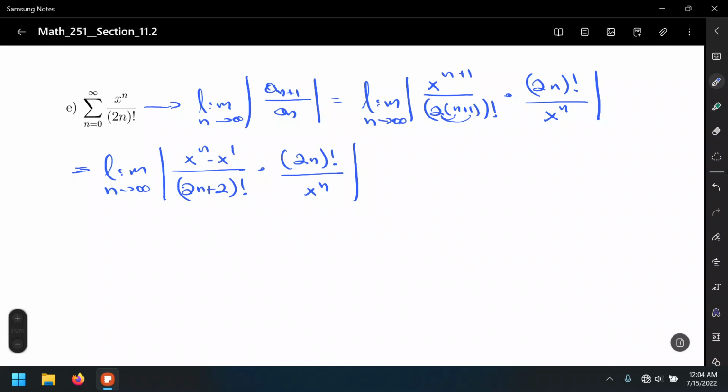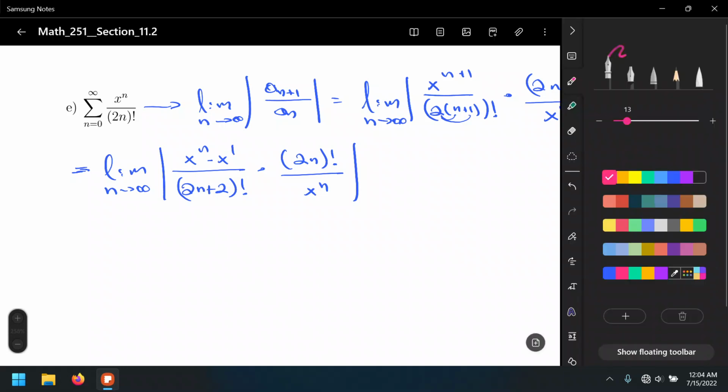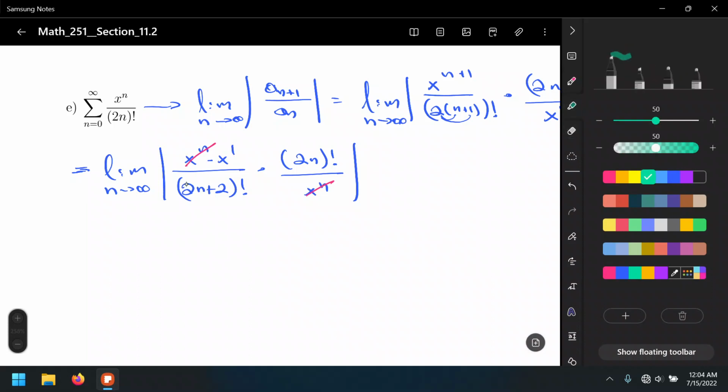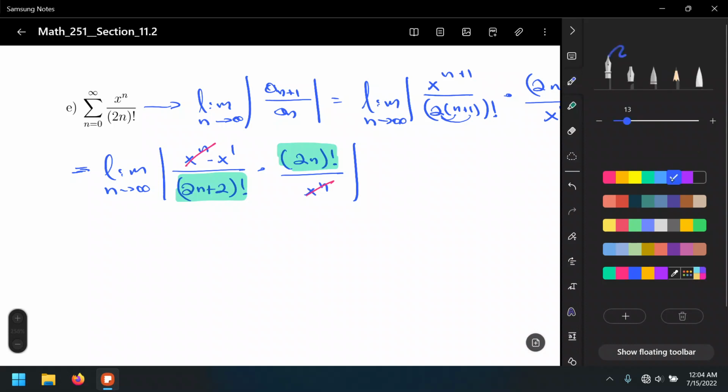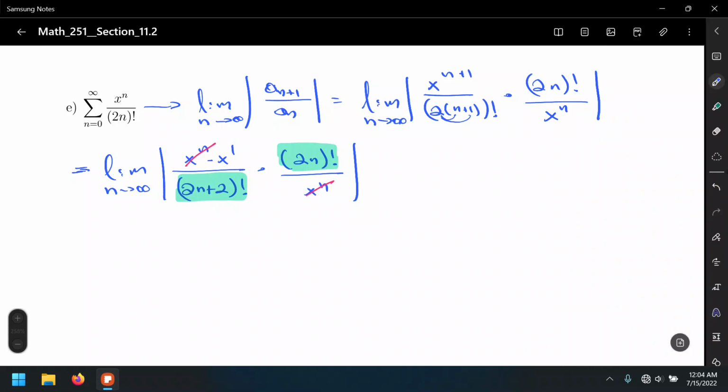From here we can, number one, divide out the x to the n's. The next step is to work with the factorials and simplify them. Keep in mind that what we do is work with the largest of the factorials, which in this case is the 2n plus 2.